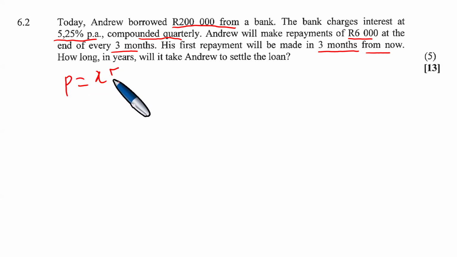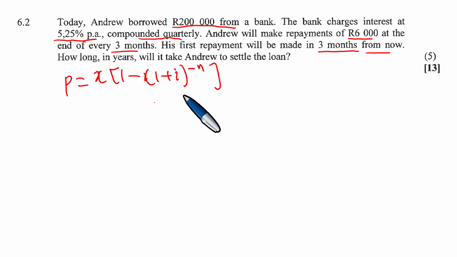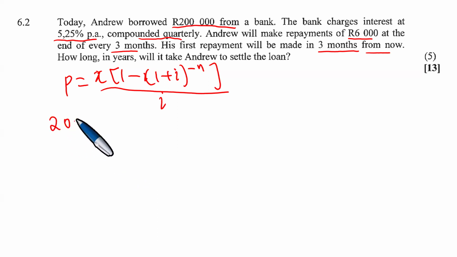So it is x times 1 minus 1 plus i to the power minus n, divided by i. What is the present value here? 200,000. Okay, so the present value is 200,000.